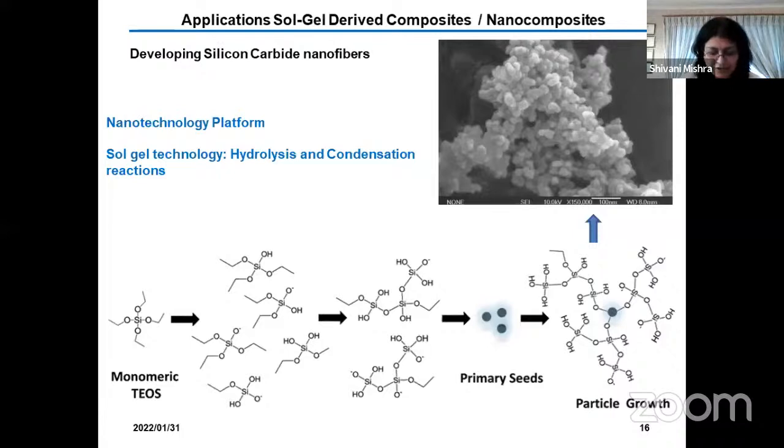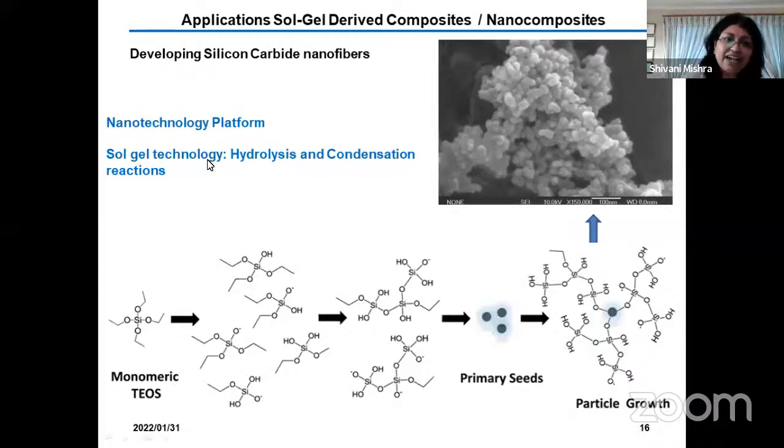So this is one of the areas where I used sol-gel technology, which was developing silicon carbide nanofiber or ceramic nanofibers. How did I do it? How did I use this technology to reach the nanocomposite, the silicon carbide nanofibers?